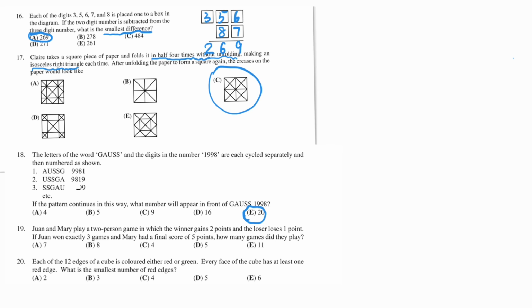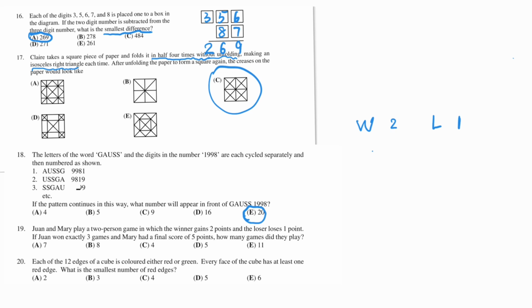Number 19. Juan and Mary play a 2-person game in which the winner gains 2 points. We know that the winner gets 2 points and the loser loses 1 point. Juan won exactly 3 games, which means Mary lost 3 games.